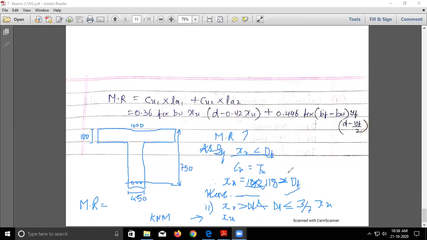Yes, anyone got the value of Xu? You have to be a little bit quick now. Okay. So for the second case, you're getting 111, Rida and Abrar, both getting the same.